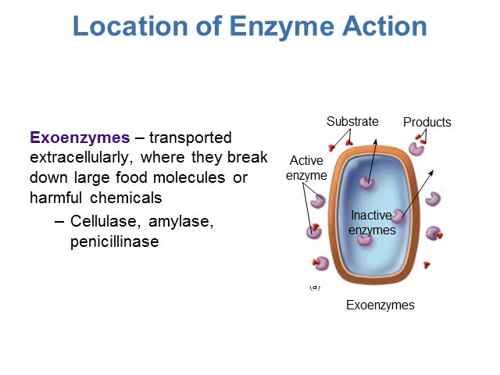They break down food molecules, and then the cell can take in those smaller food molecules. Or if the exoenzyme breaks down chemicals, it breaks them down before they get into the cell. Different types of exoenzymes: we have cellulase, which breaks down cellulose. Cellulose is a very large carbohydrate. So cellulase breaks down the cellulose, and then the cell can ingest the smaller pieces.